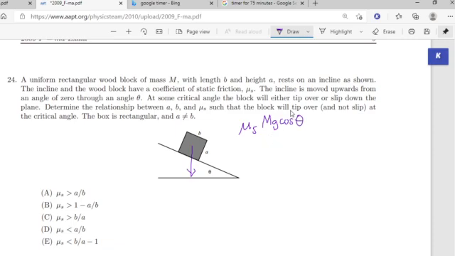And for it to not slip, it would have to be greater than mg sine theta, which means that mu s is greater than tan theta. Okay.